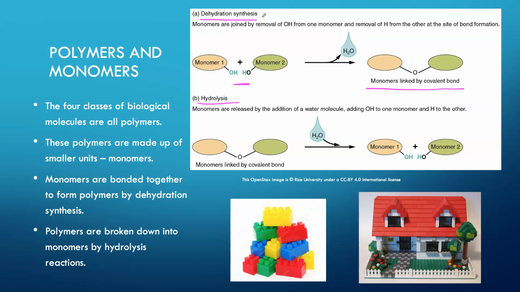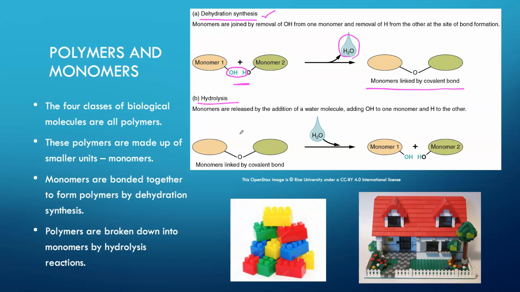This is called a dehydration reaction or dehydration synthesis, and the reason is that dehydrate means to lose water. You'll notice that this O and 2 H's make a molecule of water, and you see a molecule of water leaving, or being released, as the new bond is made. That's why it's called a dehydration reaction: a molecule of water is actually lost.